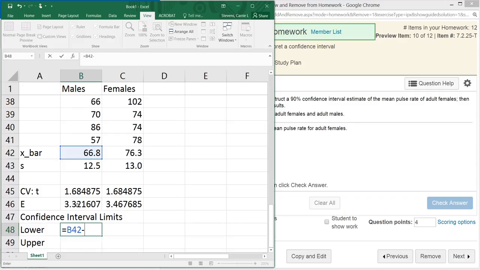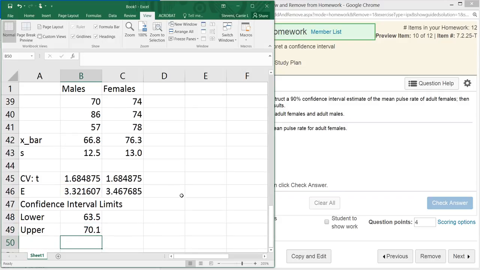I'll subtract a margin of error for my lower limit, so I stretch it lower, and then I will stretch my point estimate up by that same margin of error. So now I have an interval that starts at 63.5 beats per minute up to 70.1 beats per minute. So with 90% confidence, we think that the true mean pulse rate of males will fall within that region.